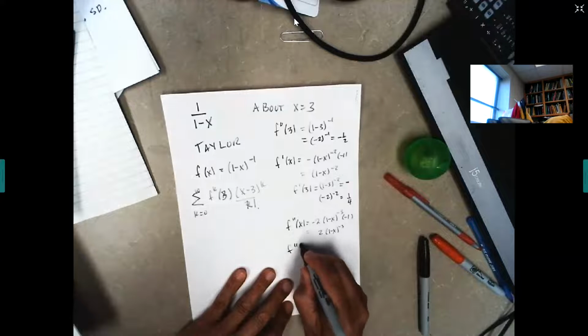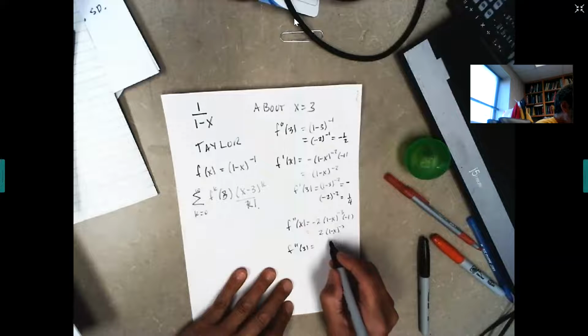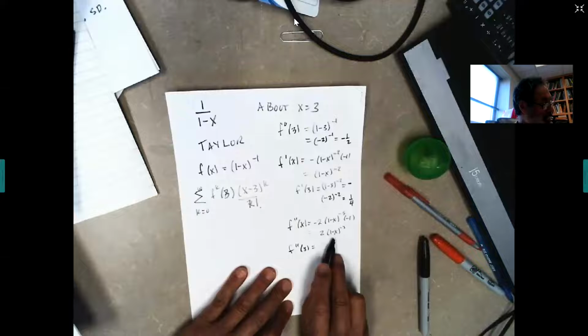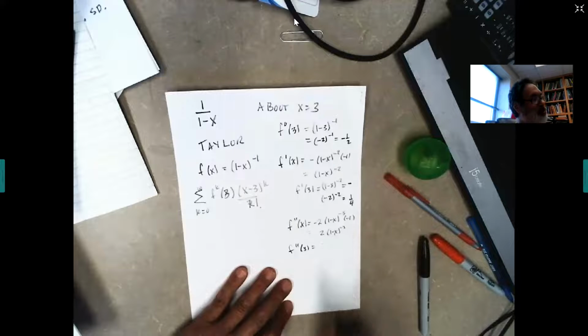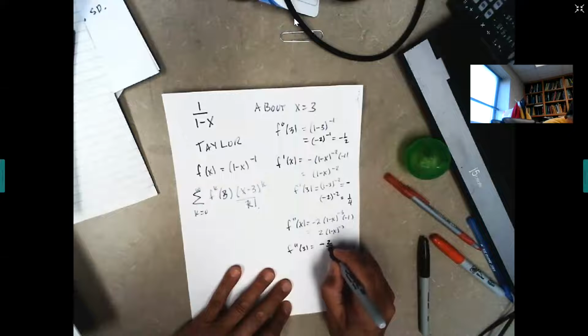And the second derivative with 3 plugged in is going to be negative, because you put a 3 in here and you get a negative 2. Negative 2 cubed is negative 8. So you get a minus 2 over 8.